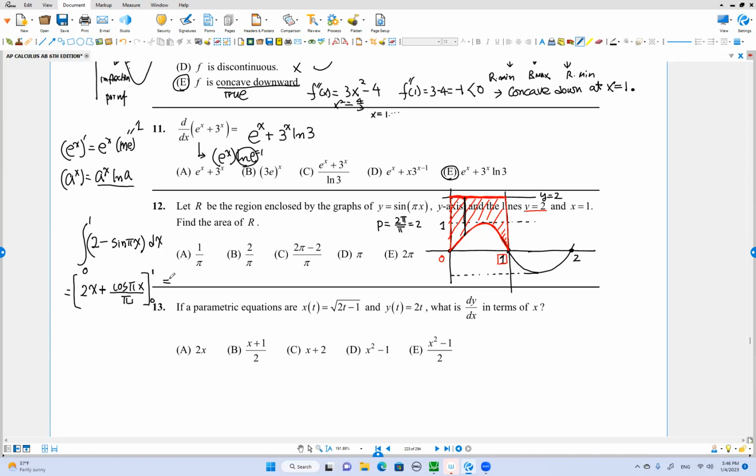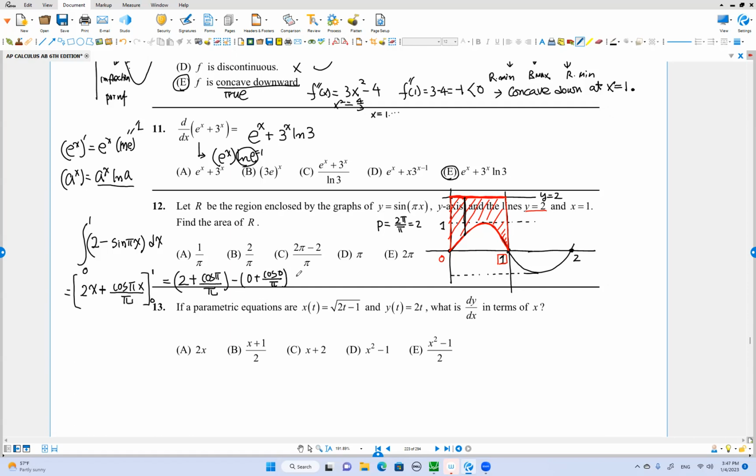Now put this number, x is 1 there. This is 2 times 1 is 2, plus cosine pi over pi. That's the first one. Second one is minus 0. x is 0, that is 0. Second is cosine 0 over pi.